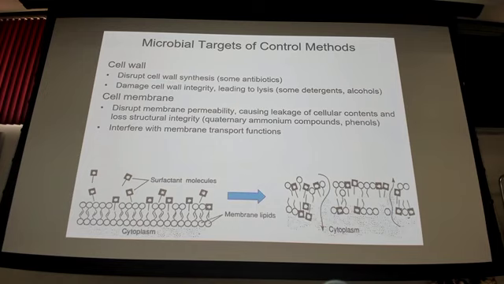Those integrate into the membrane, which in small doses might cause a little bit of destabilization, maybe some leakage of bacterial cells. But in high enough doses, this will completely destroy the integrity of that membrane, and it'll end up killing the bacterial cell. So also a loss of functionality, and we'll lose that permeabilization. We also have other agents that can interfere with the transport functions too, which would probably be less likely to be bactericidal.